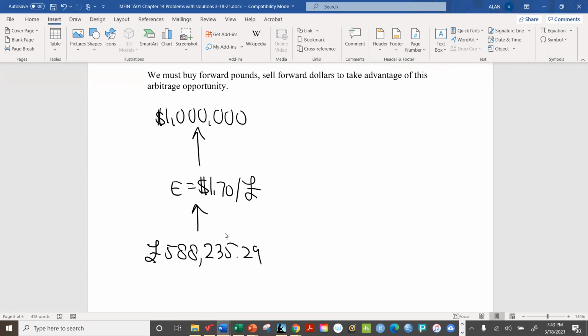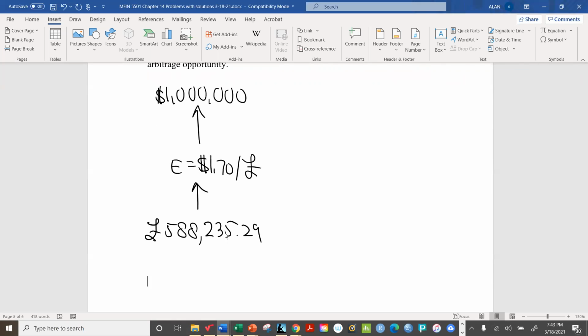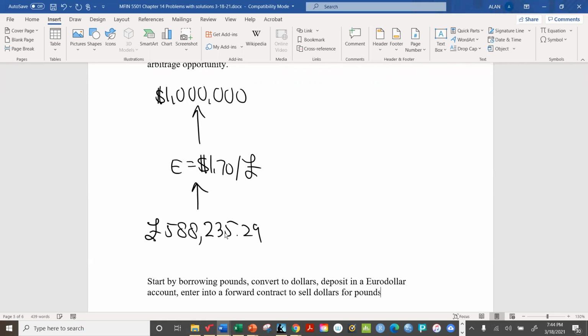So we start by borrowing pounds, convert to dollars, deposit in a euro-dollar account, enter into a forward contract to sell dollars for pounds, and then repay the pound loan. That's your basic strategy. And if we've done this correctly, we should end up making money.